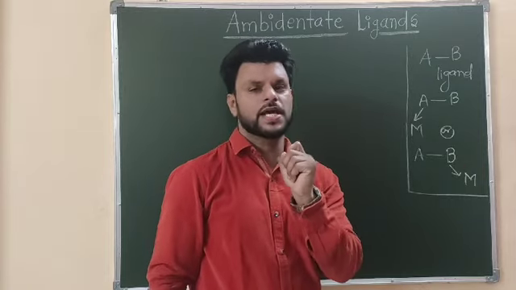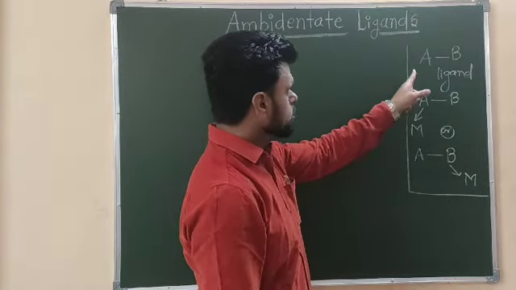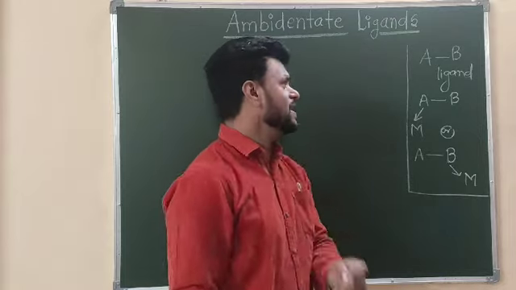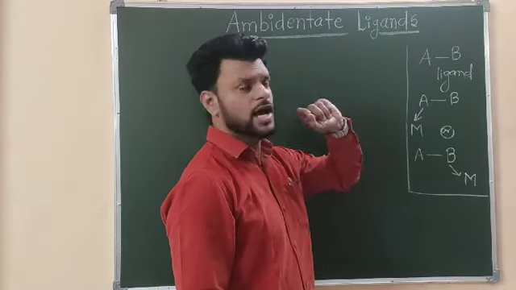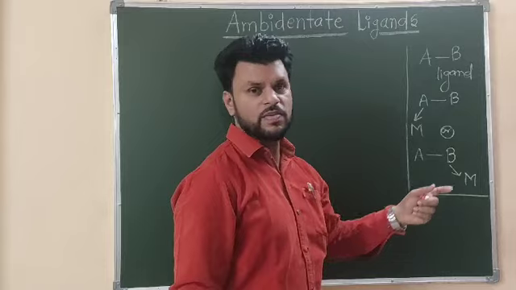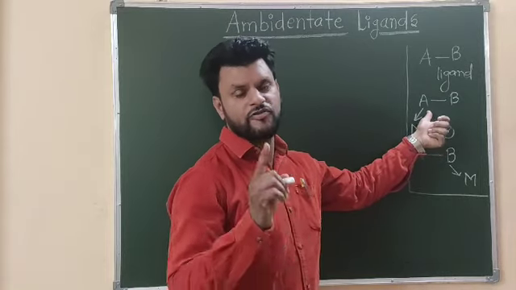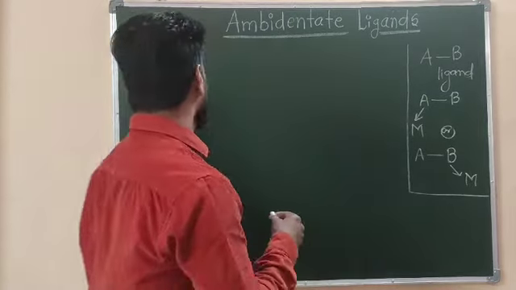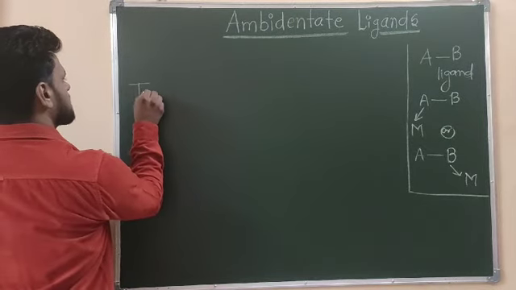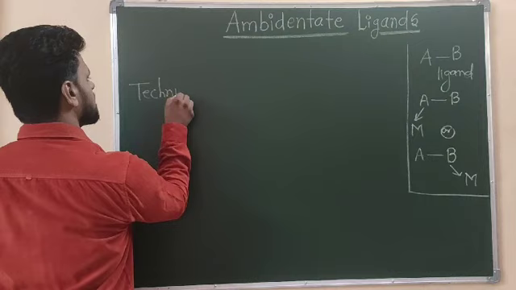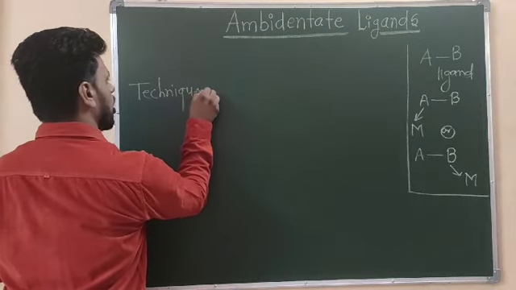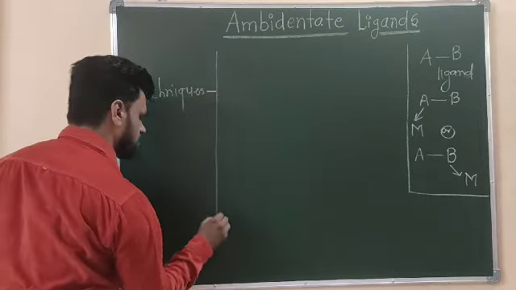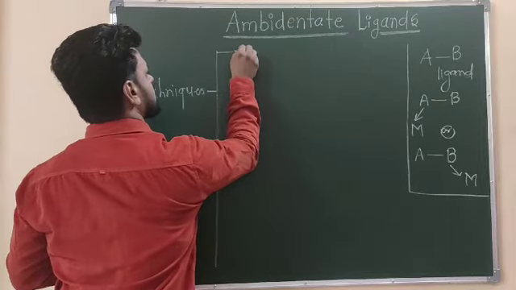But now the question here, my dear friends, is how to know whether A or B is actually forming the linkage, and for that we require some techniques, some methods. I am discussing techniques which can be very useful to investigate what types of linkages we have.